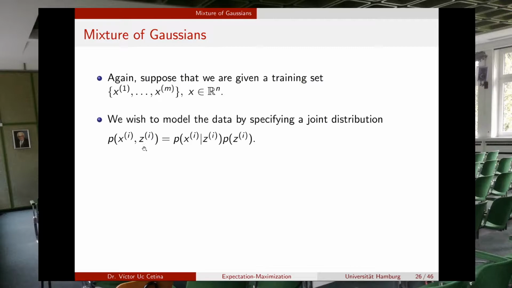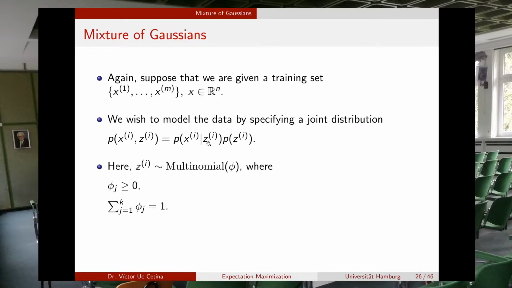Consider z as the cluster or label indicating the kind of point that vector xi is. So we will consider that there is this joint probability distribution of x and z, and this joint probability distribution can be written also as the probability of x given z times the probability of z for every example i.